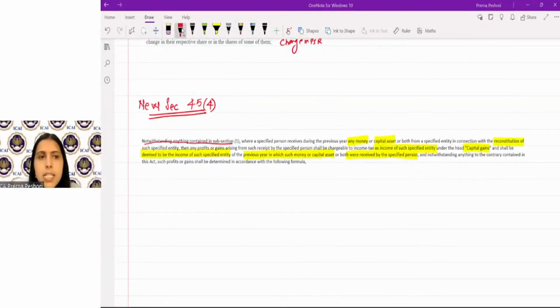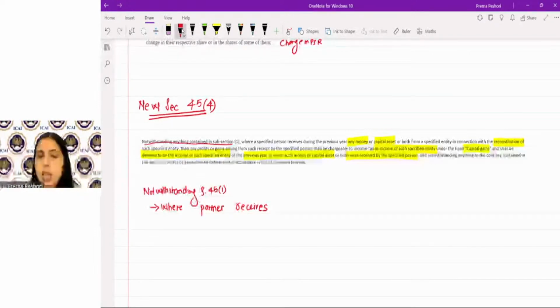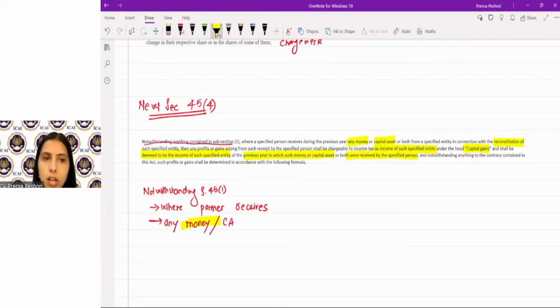What does it say? It says notwithstanding section 45.1, where a partner or a specified person receives any money or a capital asset. 9B was covering what?